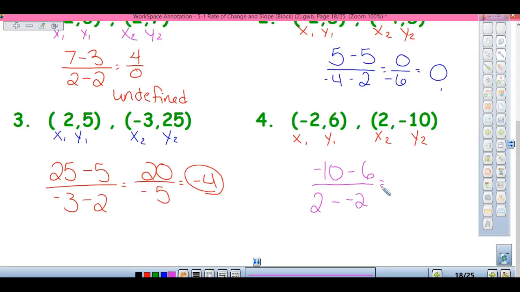So now that they're right next to each other, Sydney, now they turn into a plus. So negative 10 minus 6, Noor? Negative 16 over 2 plus 2, Ian? 4. Reduce that guy, Brielle. We get negative 4. Again. Okay, so is it super horrible? Whatever. All right.